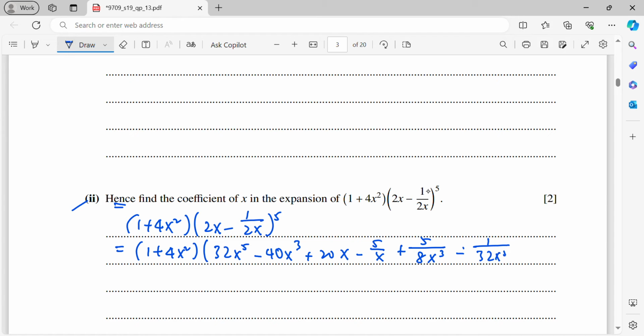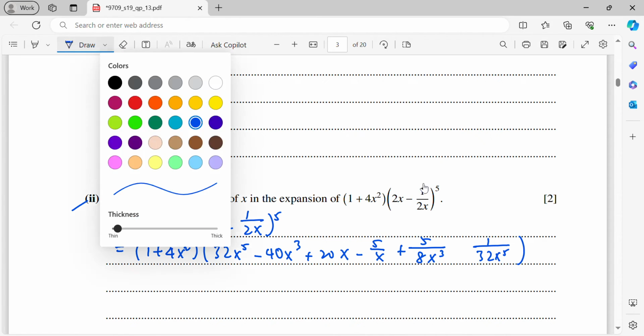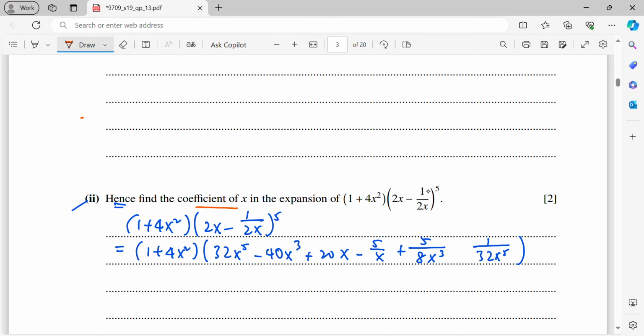Now, to get the coefficient of x, meaning a term with x, the 1 must multiply with 20x. Then this 4x squared must multiply with negative 5 over x.